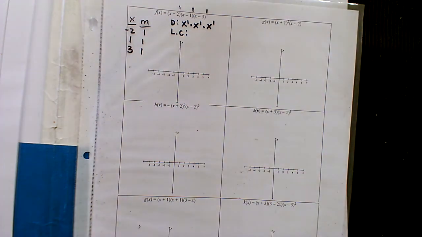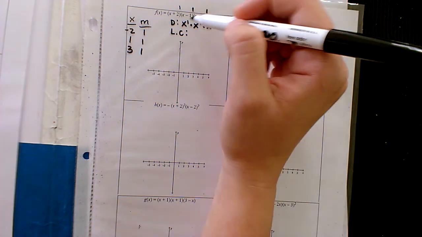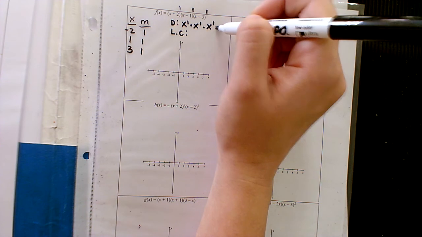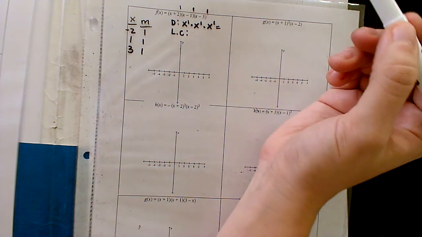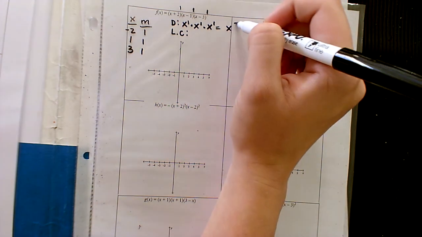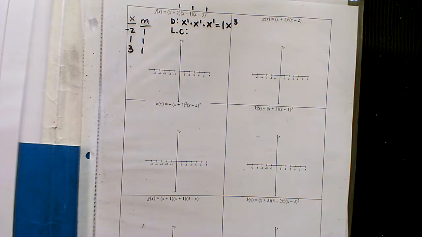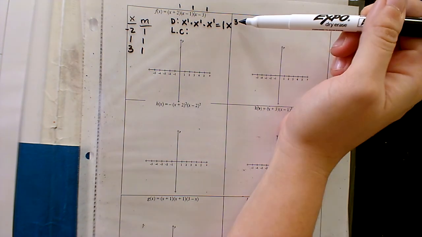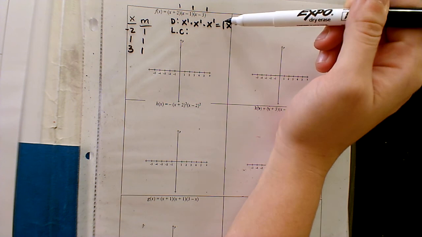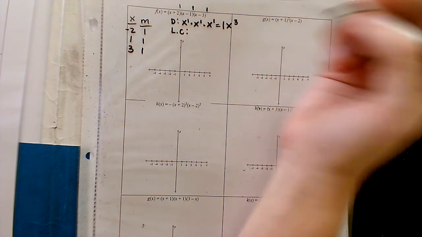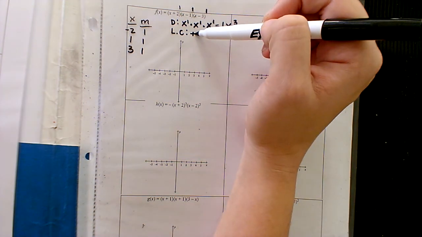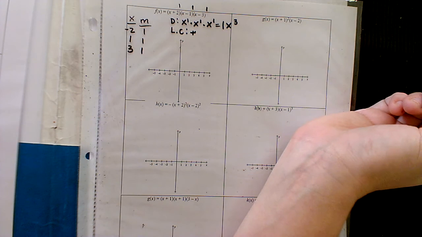I'm only looking at the x's because I'm trying to find the highest x power. If we kept multiplying, we'd have other x powers, but they would be lower. So if we did x to the first times x to the first times x to the first, we would get x to the third, specifically 1x to the third. So notice how the degree is odd, and if the number out front is 1, in this case, that would be a positive leading coefficient.